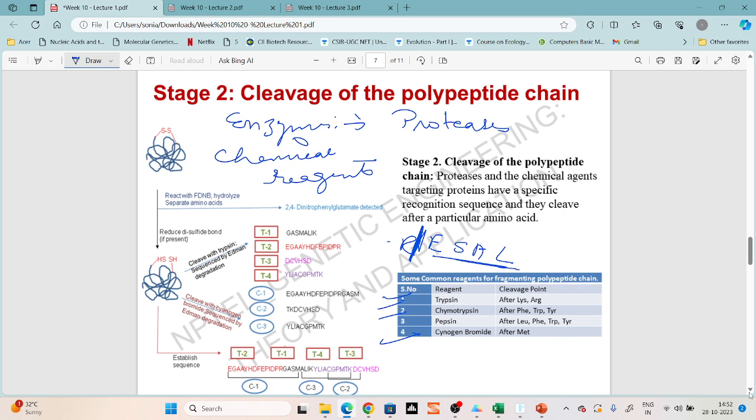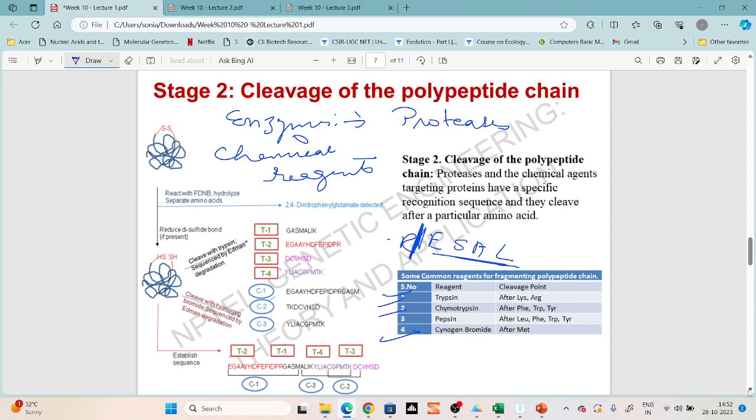So like this, you have to remember that each enzyme has a particular specific amino acid at which it cleaves. CNBr is important because CNBr cleaves after methionine. This is important from an examination point of view, and in general also for competitive examinations, CNBr is important.